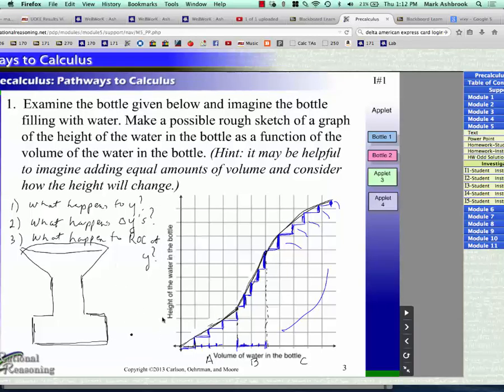It's a constant rate of change, but then suddenly you've got a higher constant rate of change because you've got bigger changes. They're still staying equal to each other. That's straight, you guys. And then the height is increasing, but the changes in height are decreasing. So that's non-constant rate of change, and the curve bends down like this.